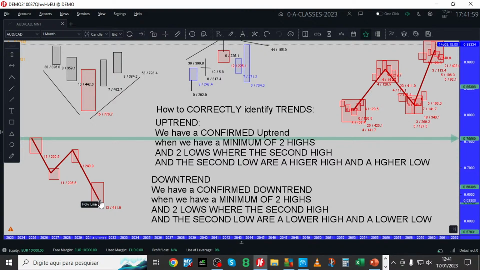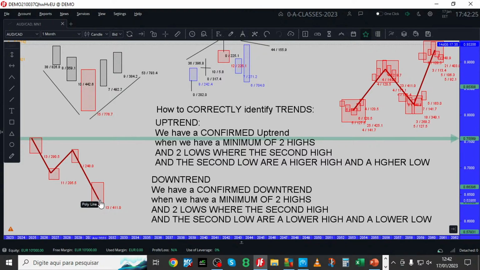Anyways, downtrend. We have a confirmed downtrend when we have a minimum of 2 highs and 2 lows, where the second high and the second low are a lower high and a lower low. Are we clear that those are the rules? Yes, but there is no yes, but.